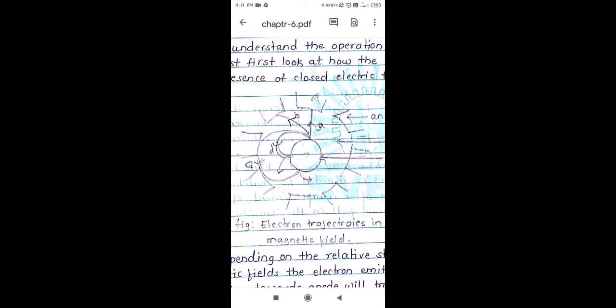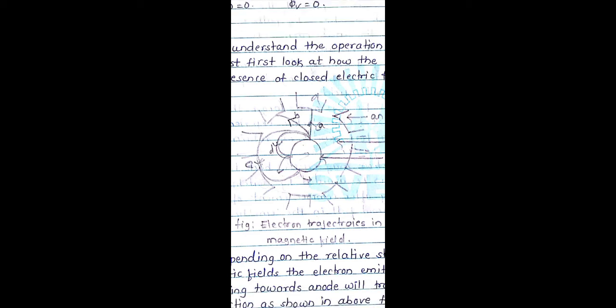This can be avoided by switching off the heater supply after commencement of oscillation. This is done to avoid a fall in the emitting efficiency of the cathode. So this is the working of the magnetron.